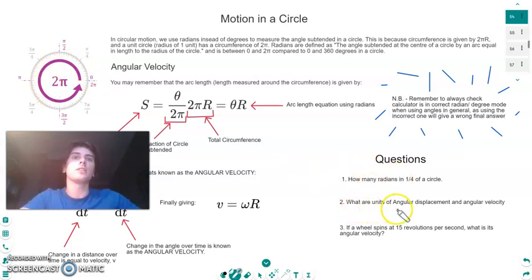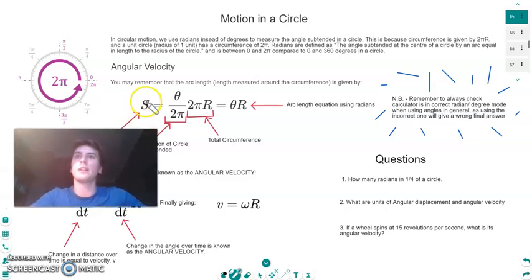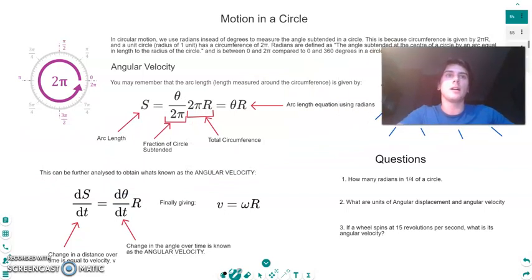What are the units of angular displacement and angular velocity? So, units of angular displacement, we have s, and that would be in radians or meters. Angular displacement is always just in radians, because it's the change in angle.